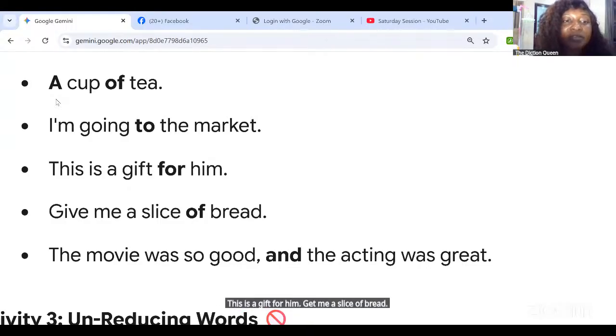The movie was so good and the acting was great. So what I did there was to ensure that some of the function words, the vowels there, were being reduced to a schwa.